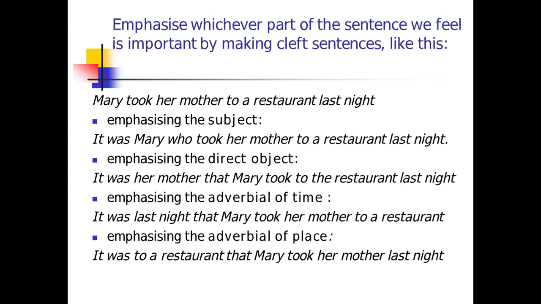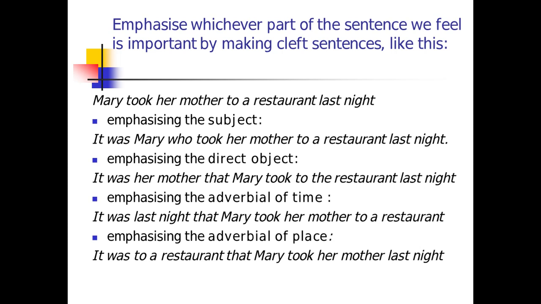Then you are going to say, it was Mary, emphasis on Mary. It was Mary who took her mother to a restaurant last night. Direct object, who did she take to the restaurant? Her mother. It was her mother that Mary took to the restaurant last night.